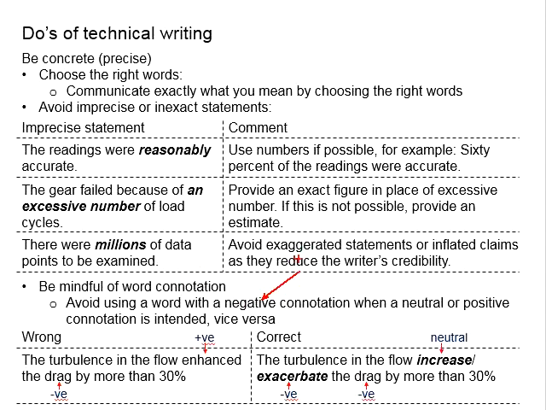Avoid using a word with negative connotations when a neutral or positive connotation is intended, and vice versa. You know that in your writing, you can present certain things in the positive form and in the negative form, as implied by certain specific words.